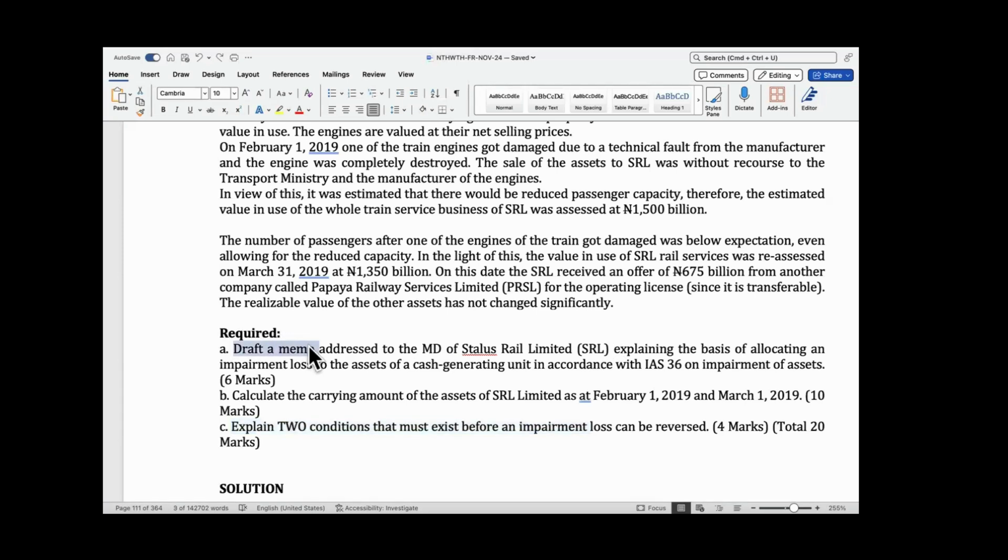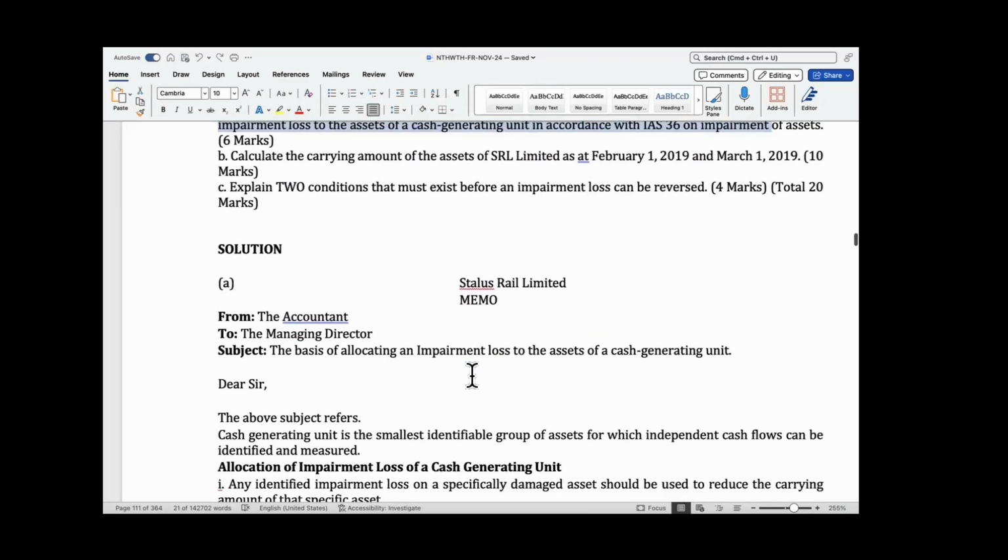These are ICAN past questions anyway. So when they say draft a memo, my dear students, draft a memo. Address it to the MD of Stalos and explain the basis of allocating impairment loss. Look at it, this is my memo. The name of the company, Stalos.